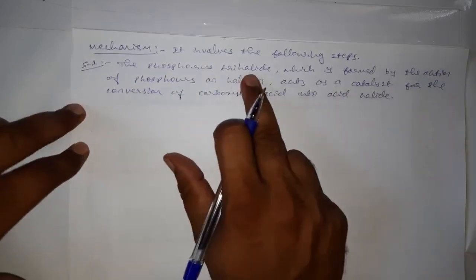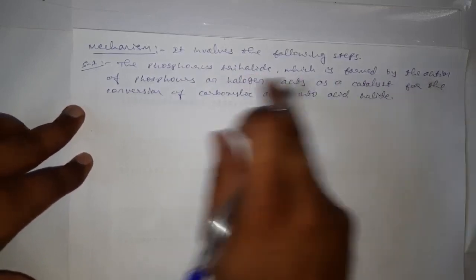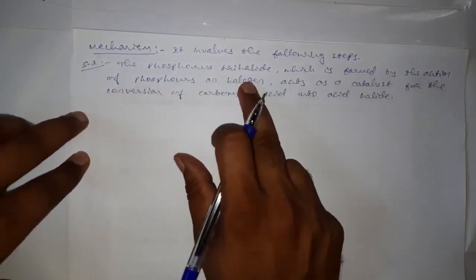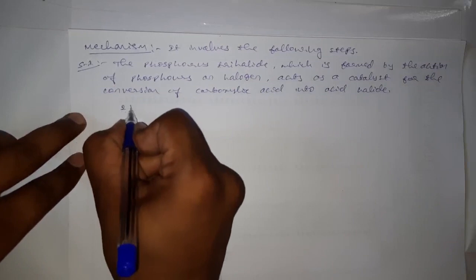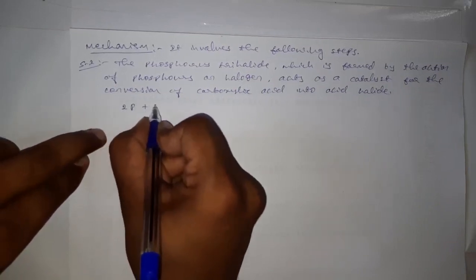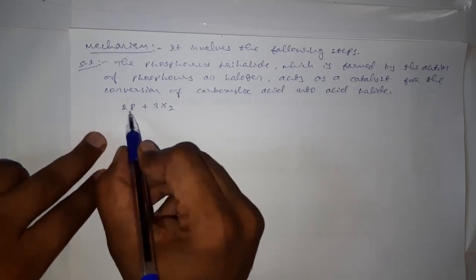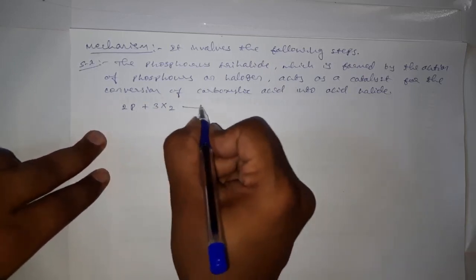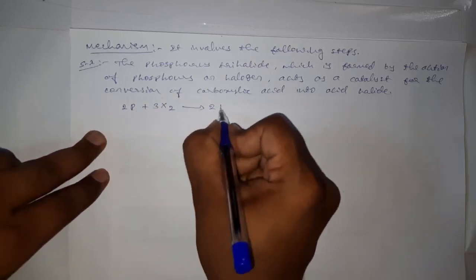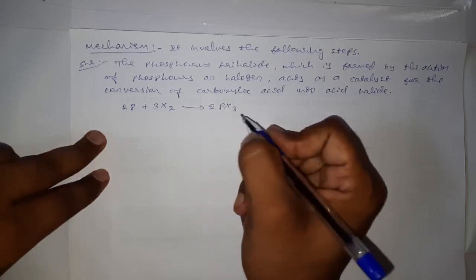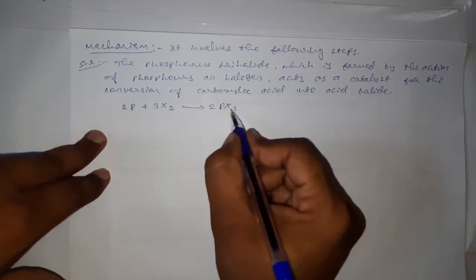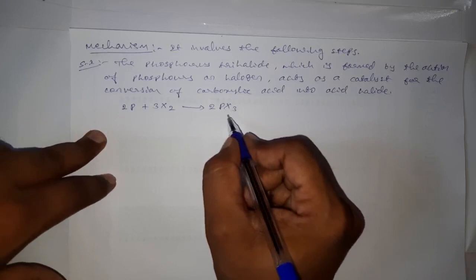The phosphorus trihalide, which is formed by the action of phosphorus on halogen. See, first the red phosphorus will react with 3 moles of halogen. 2 moles of phosphorus will react with 3 moles of halogen to form 2 moles of phosphorus trihalide. This is what phosphorus trihalide.